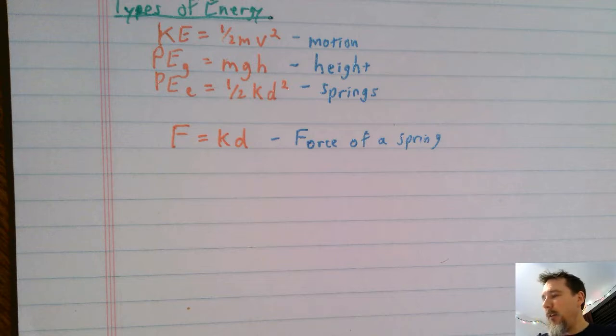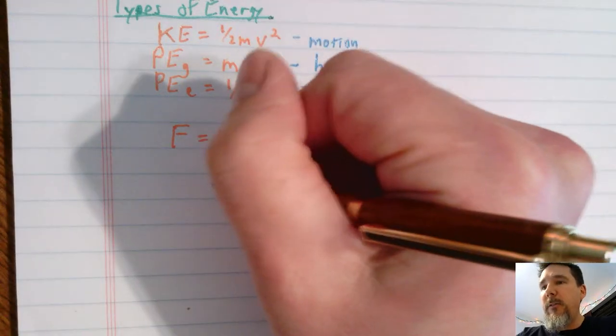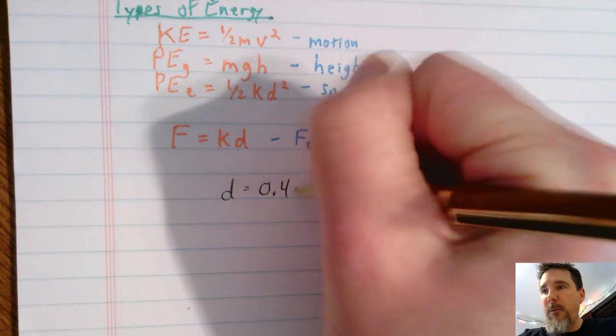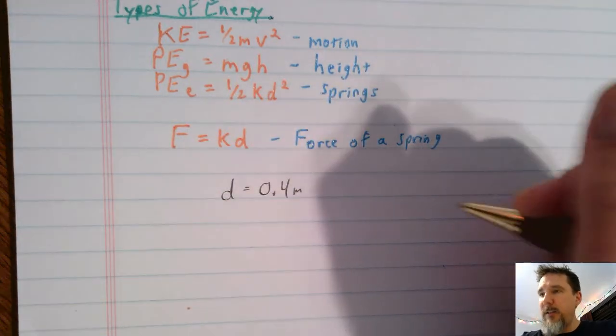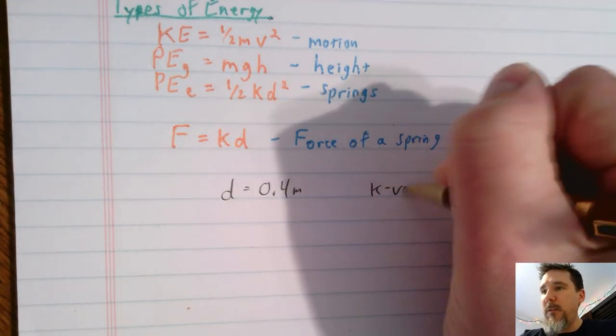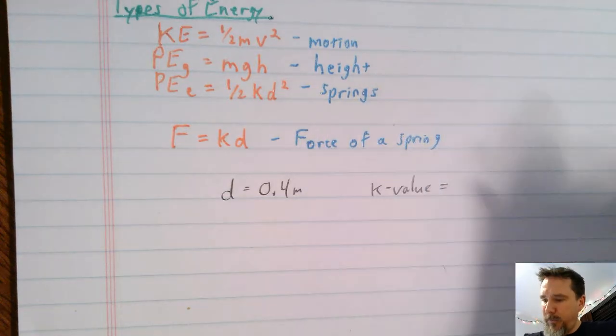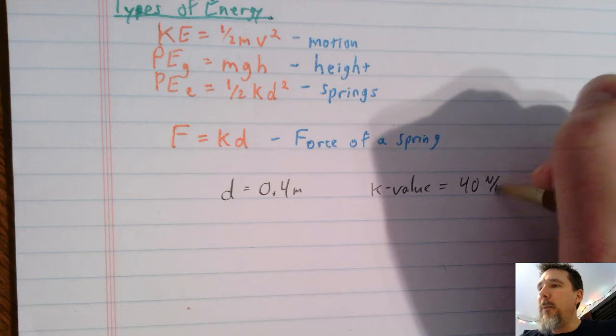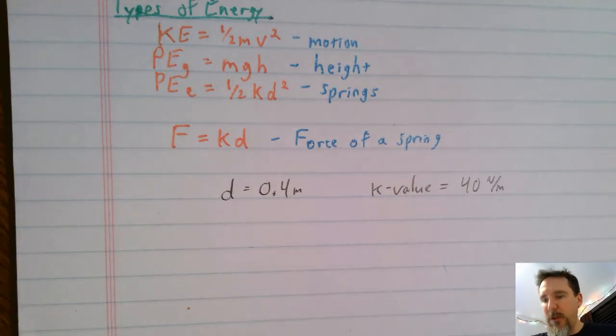So question 12, how much force is needed to compress a spring 0.4 meters? Okay, so the distance is 0.4 meters, and the spring constant, or k value, is 40 newtons per meter.